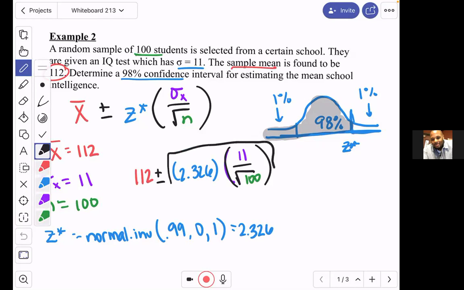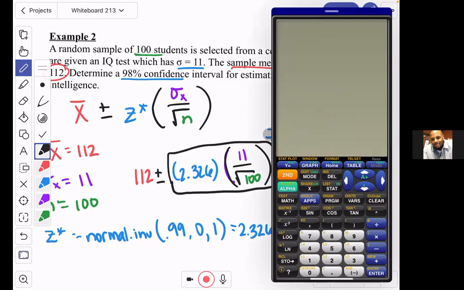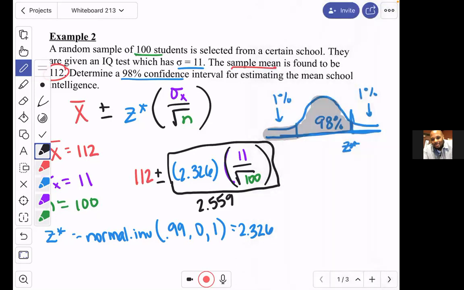This value right here is what we call E. That's the margin of error. To calculate E, you can go to Excel. I'm just using my calculator here. It's 2.326 times 11 divided by the square root of 100. So my E is equal to 2.559, going to 3 decimals.